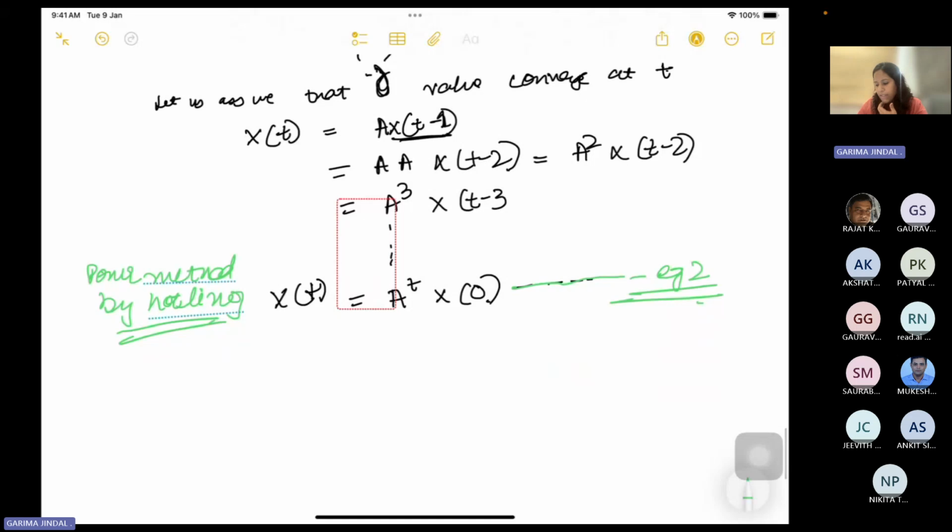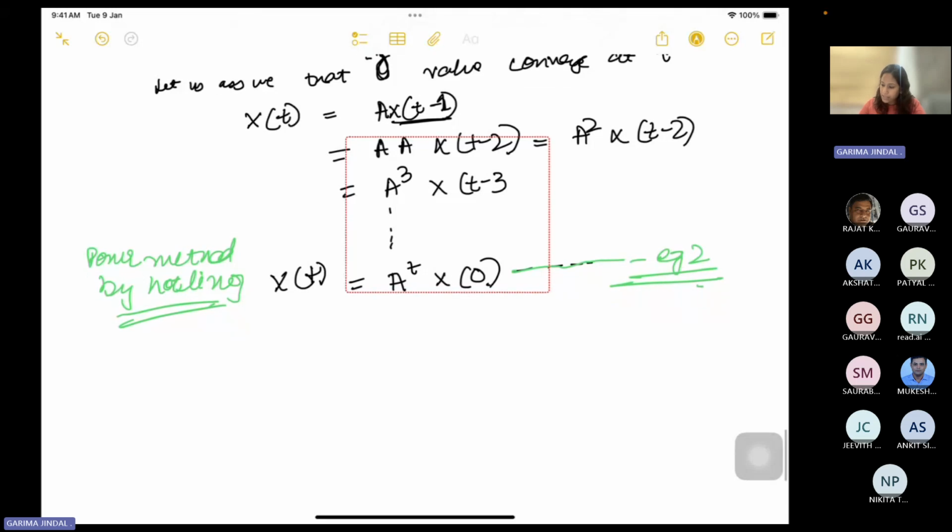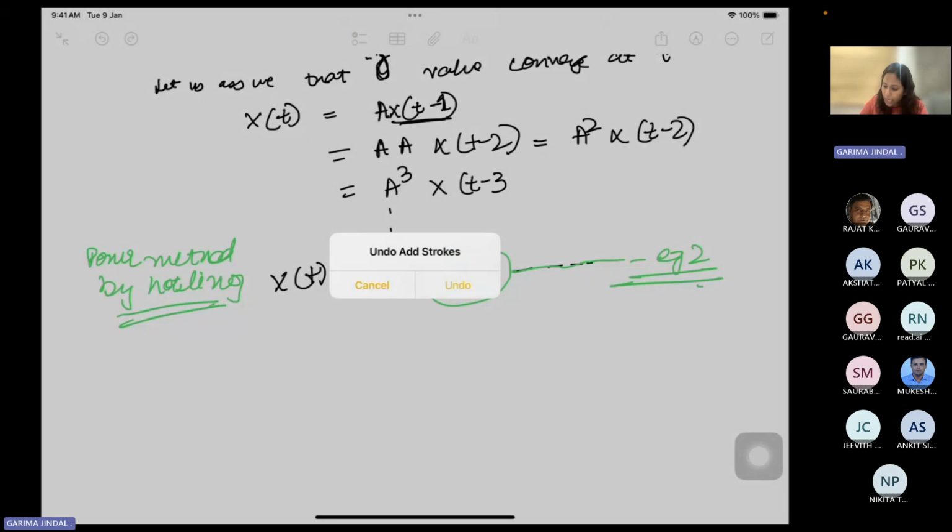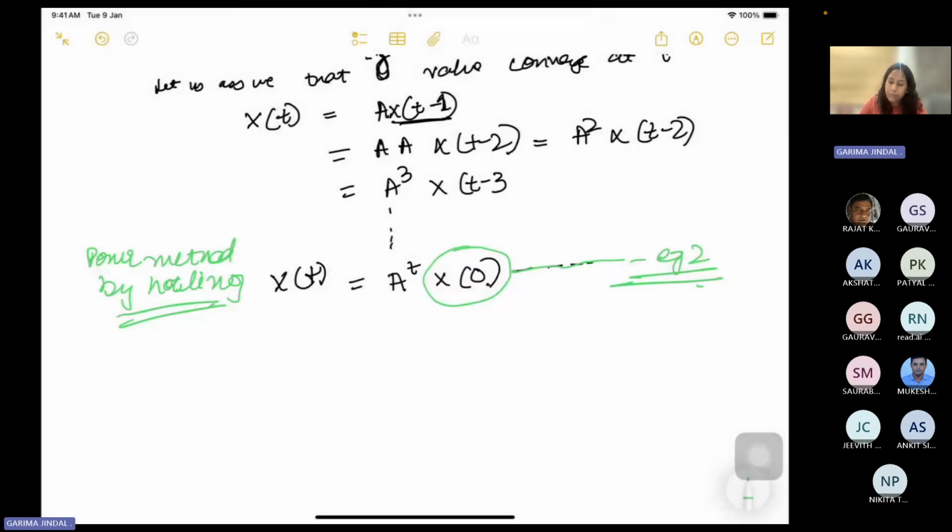Now you can see that xt can be represented by a^t and the initial cost of the nodes that we have. Now see, this is a vector, and we have assumed that any vector can be represented by a linear combination of its eigenvectors. So we can represent this particular vector by the linear combination of eigenvectors of this matrix.